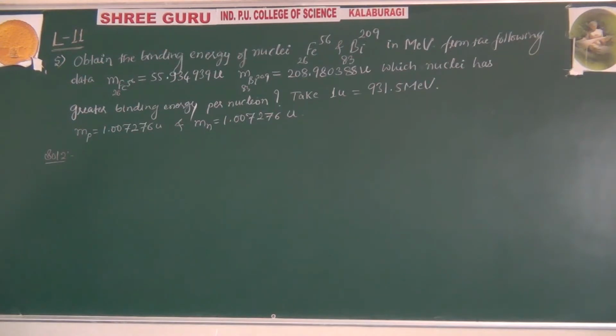Which nuclei has greater binding energy per nucleon? That means we also find out the specific binding energy, which is nothing but binding energy per nucleon. And finally we have to conclude which nuclei has more binding energy per nucleon.